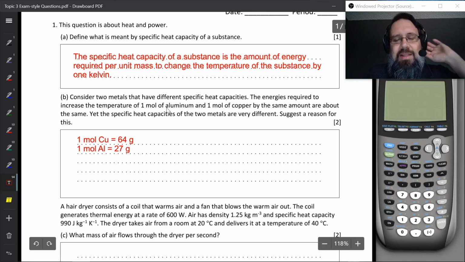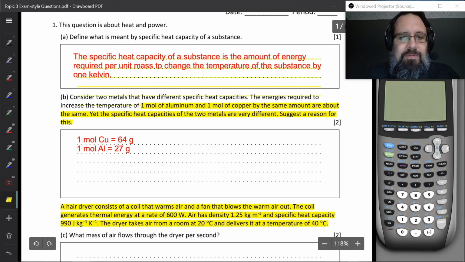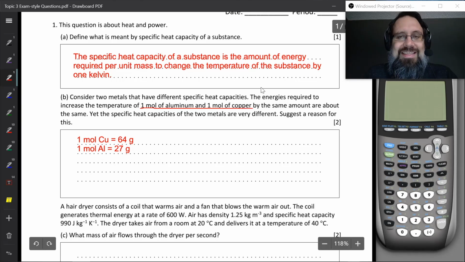So even though it seems like it's the same amount of material, 1 mole of aluminum and 1 mole of copper, it's not the same amount of material because you really have 64 grams of copper but only 27 grams of aluminum.